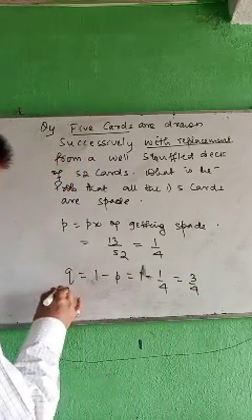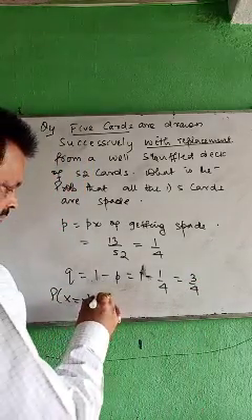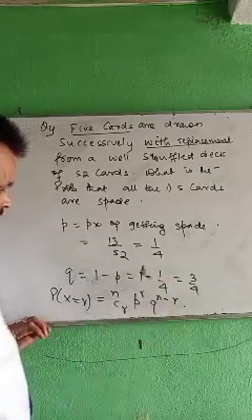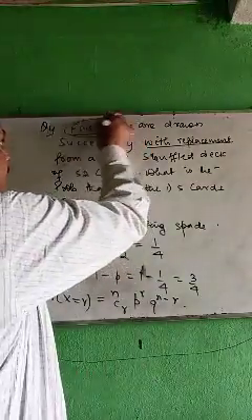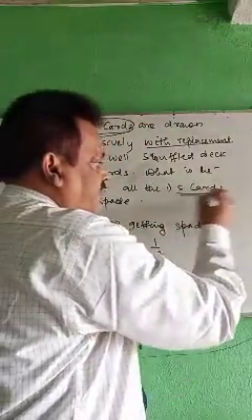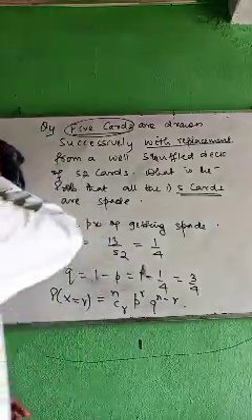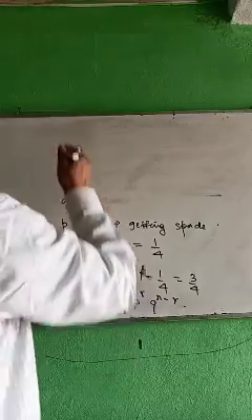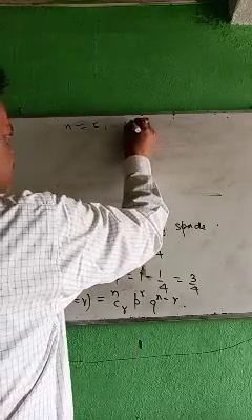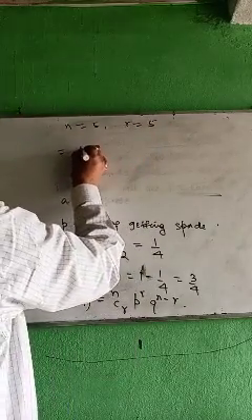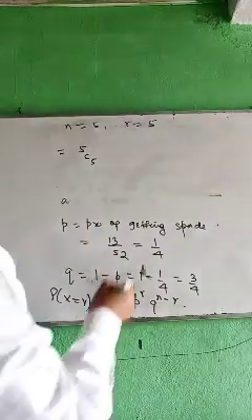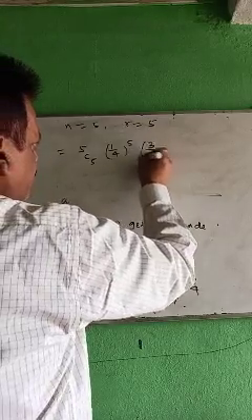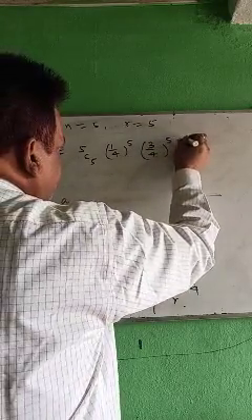What is the formula? X equals r, nCr, p to the power r, q to the power n minus r. What is n? n is 5. How many cards you need? That also 5. That means you need n equals 5, r equals 5. That means 5C5, 1 by 4 power 5, 3 by 4 power 5 minus 5.